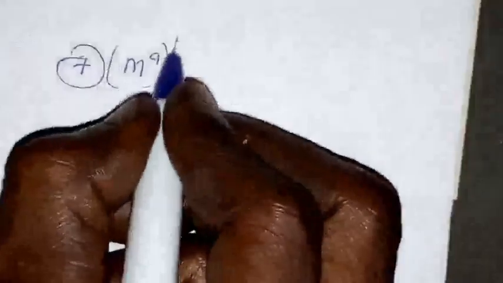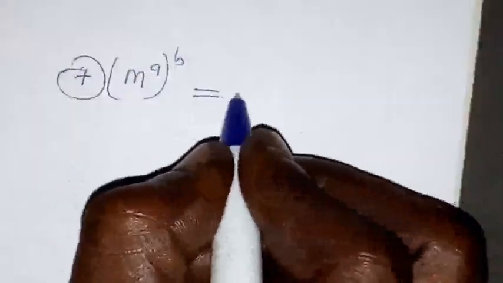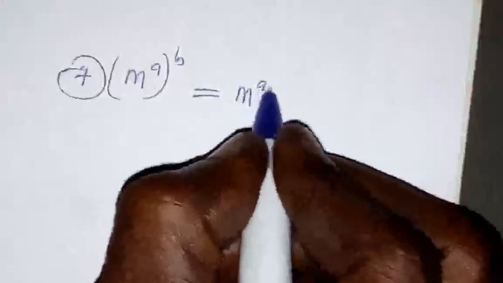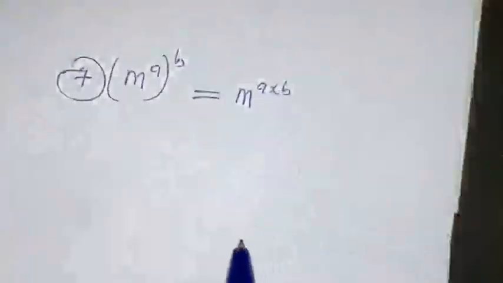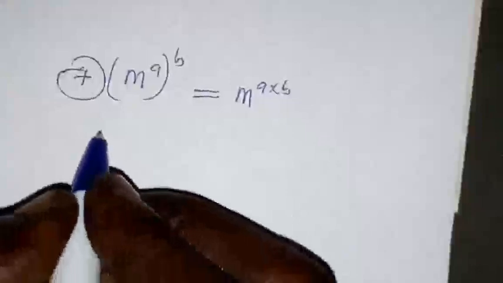Law number 4, this law is called the product rule. It says that whenever we have, let's say, m power of a in bracket power of b, this can simply be expressed as m power of a times b. Let us have an example.